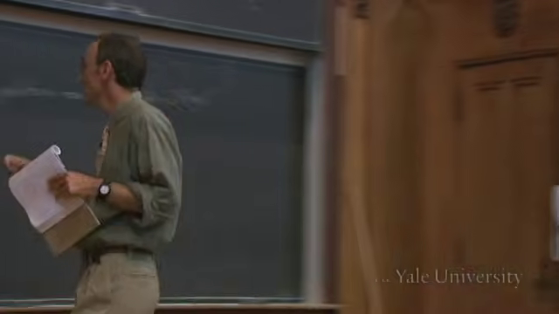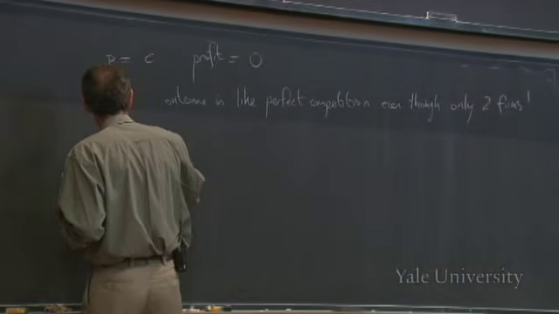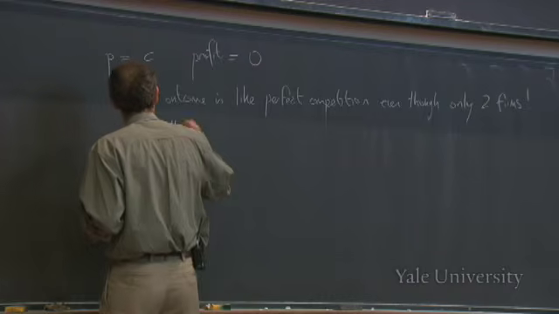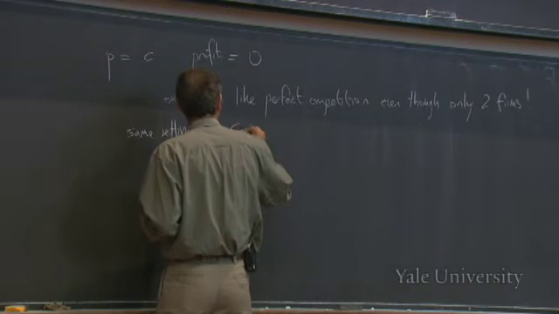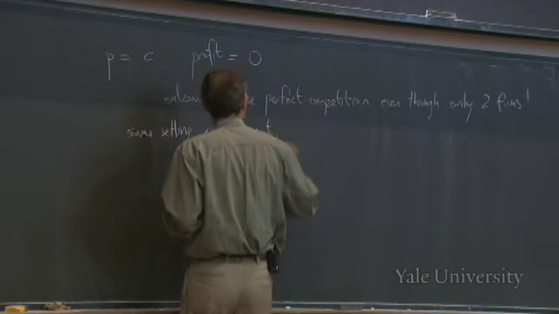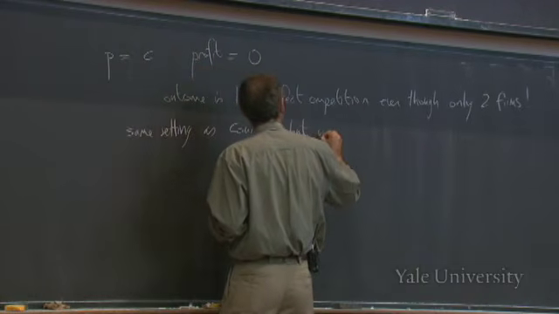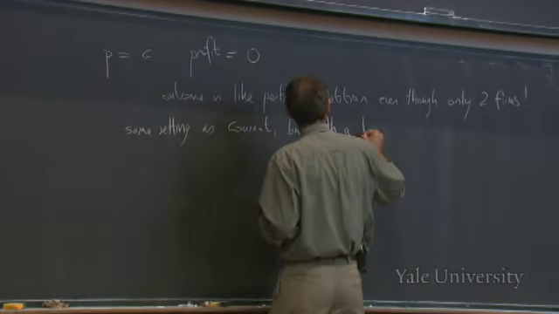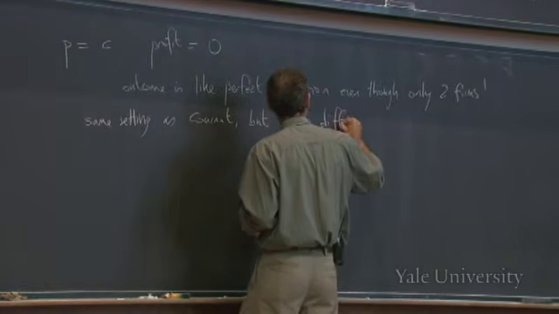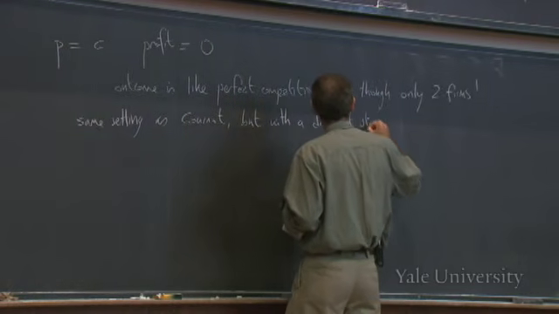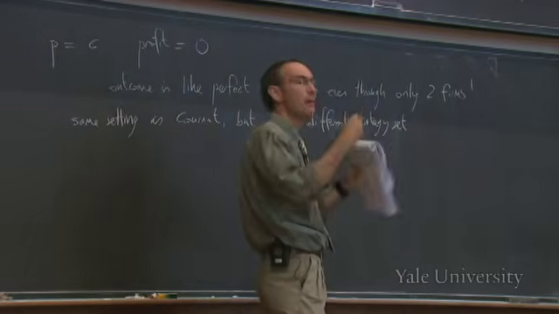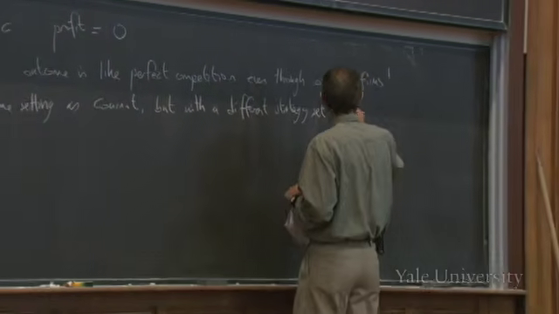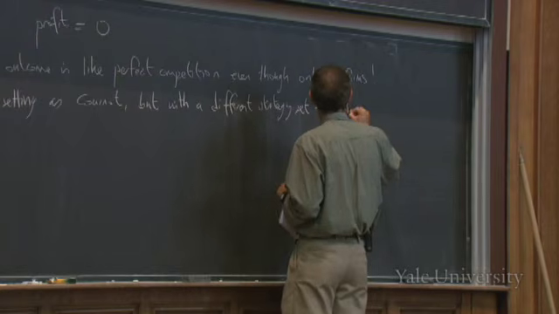So another lesson here is that the same setting as last time, as Cournot, but with a different strategy set, a different way of thinking about what they're doing, led to a very different outcome.